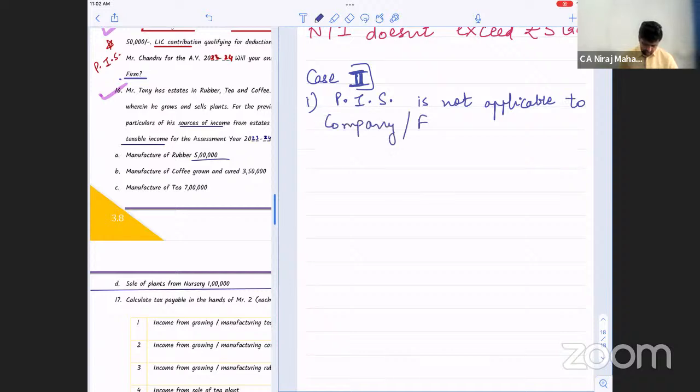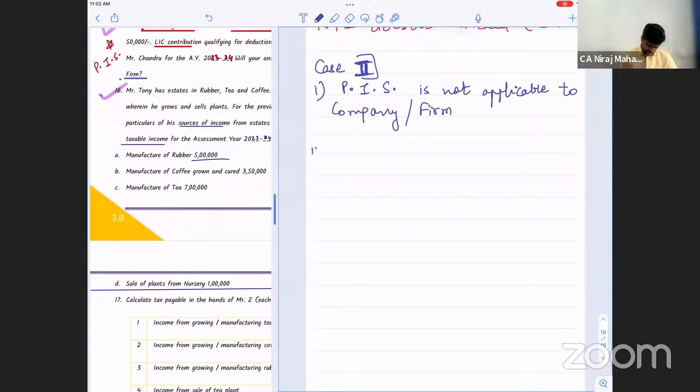To company or firm. Isn't it all okay to you? Second point. First point is quite clear to you. That PIS is not applicable to other types of assessees: company, firm, LLP.